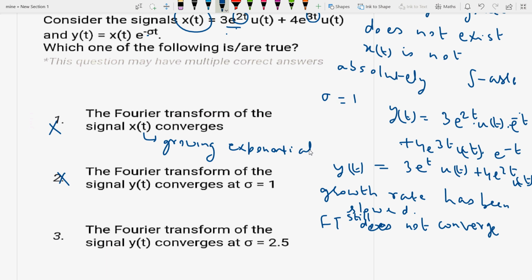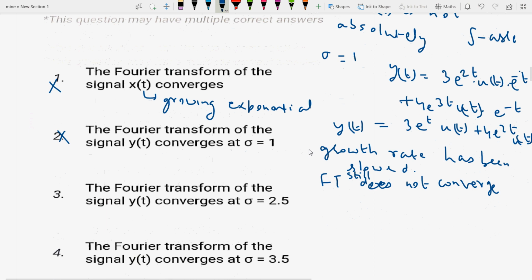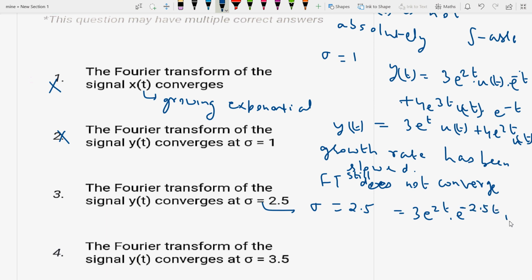Now, you have to put sigma equal to 2.5 in the equation again. What will you get when you put sigma equal to 2.5 in this third option? 3 e to the power 2t into e to the power minus 2.5t u(t) plus 4 e to the power 3t u(t) into e to the power minus 2.5t.